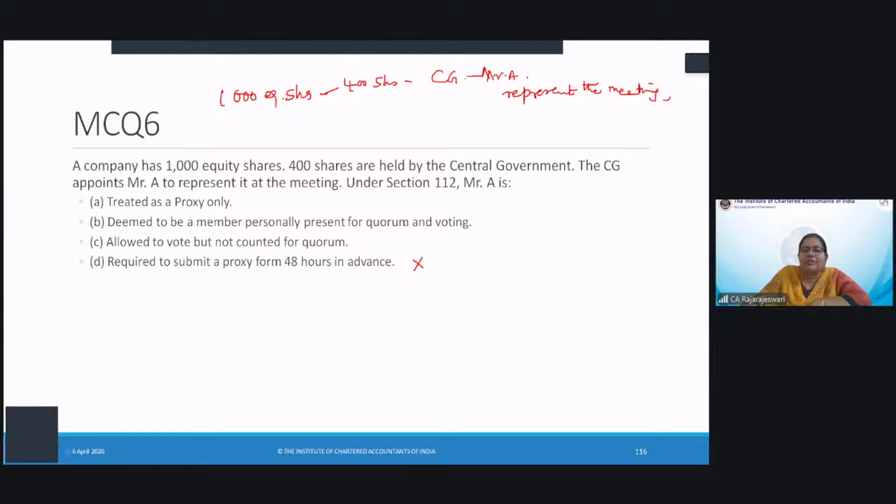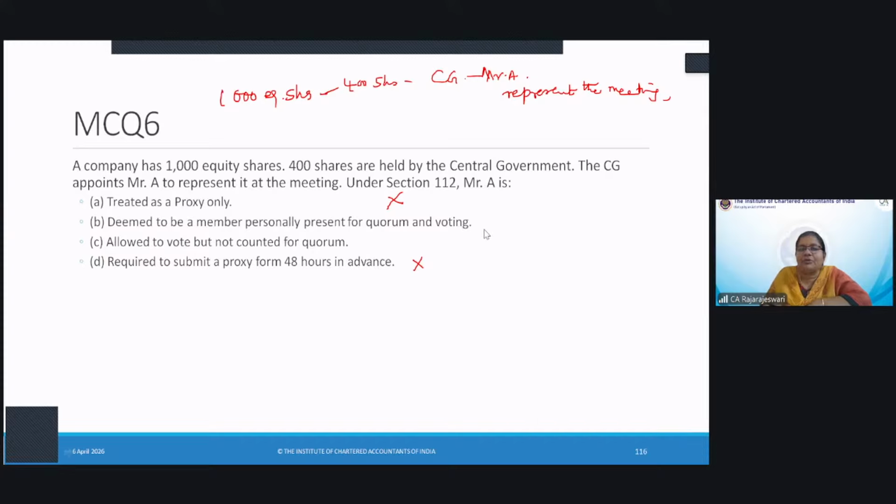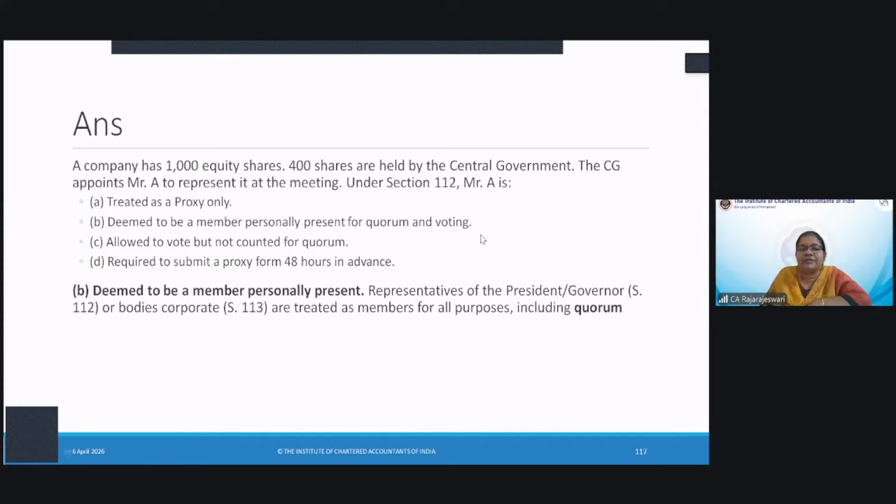Treated as a proxy only, that is also wrong. Allowed to vote but not counted for quorum, deemed to be a member personally present for quorum and voting. So many have come out with the option. The answer is B. So he is deemed to be a member personally present for quorum and voting.